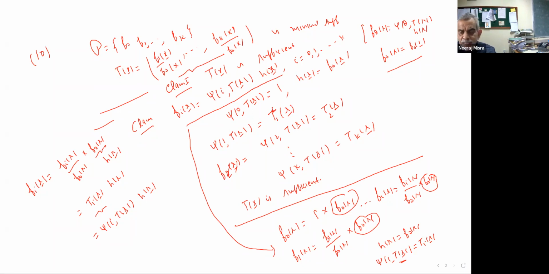Now I have to show that it is minimal sufficient. To show that it is minimal sufficient, what do I have to show? It is a function of any other sufficient statistic. So let U be any other sufficient statistic.